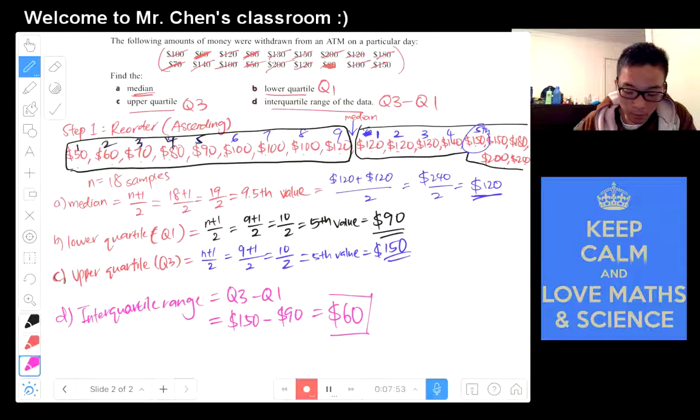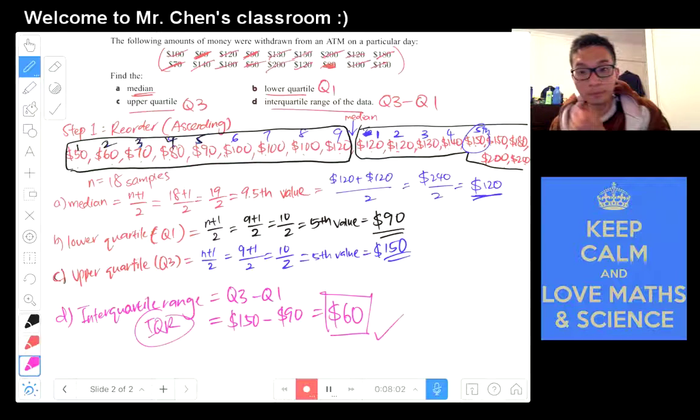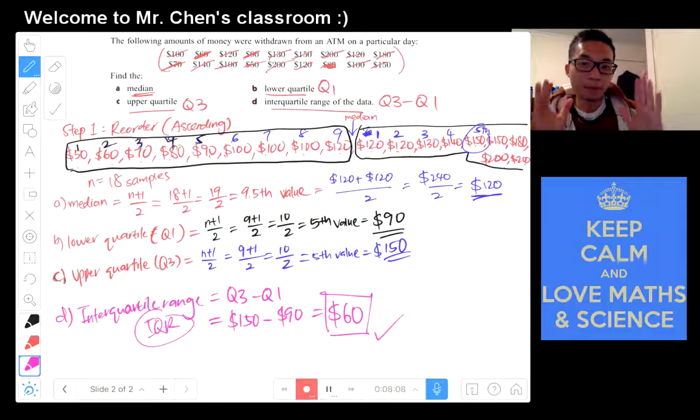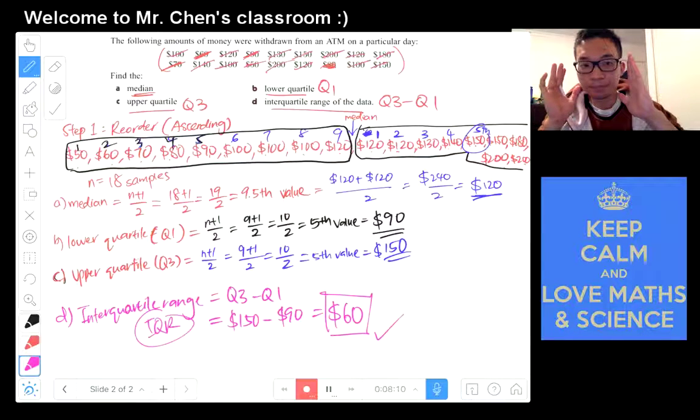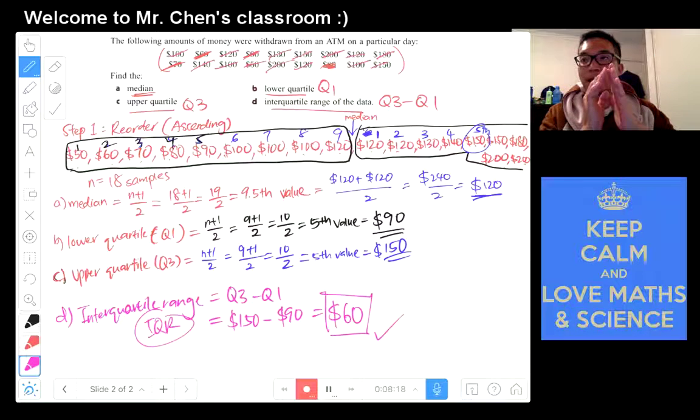So your interquartile range is $60. That's how you find it. So there is the middle half. What that means is, for the middle half from Q1 to Q3, the data actually spread $60 apart from each other.